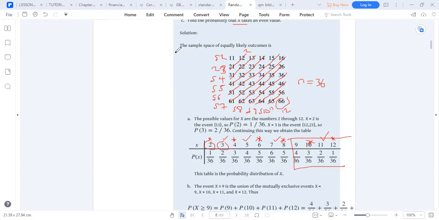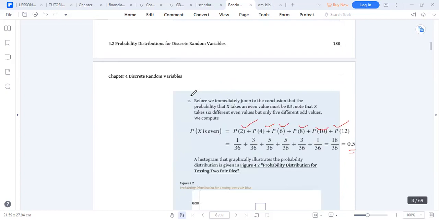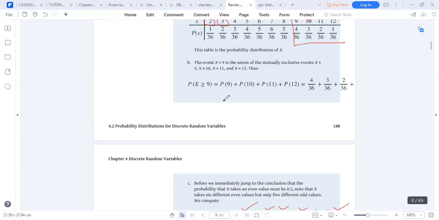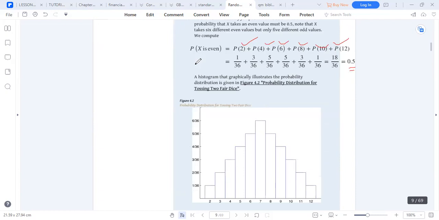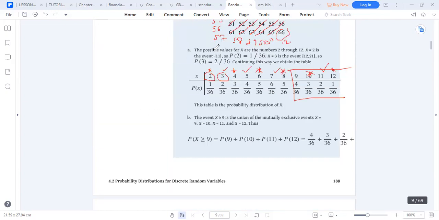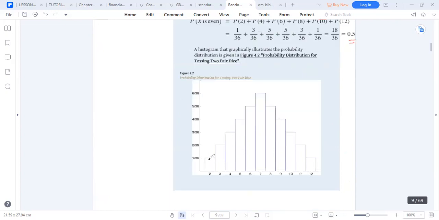So this is to do with the cards. I hope this makes more sense now. So now if you're asked to draw a probability distribution, it's the same thing. You can convert this to decimals if you want. So that we have 2 against 1 over 36 in short.